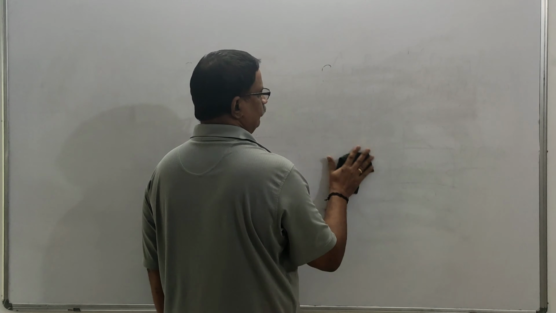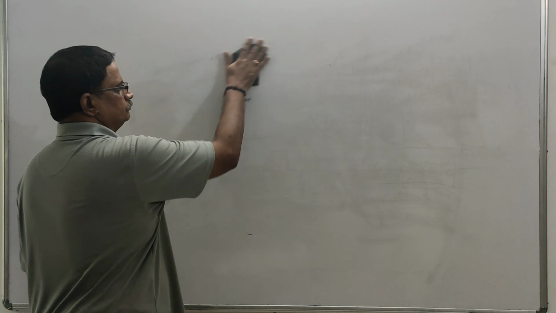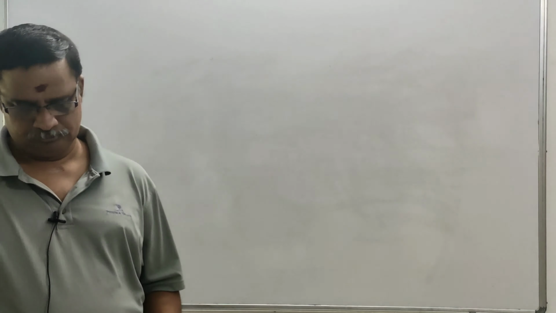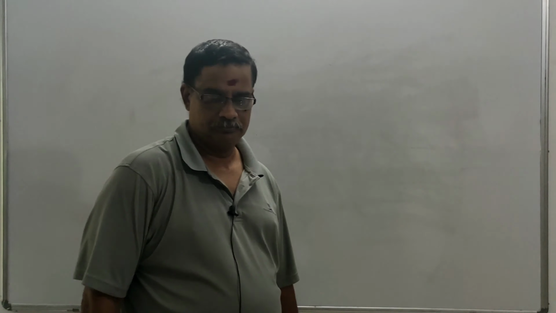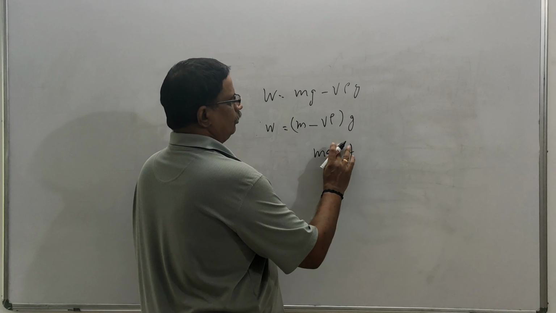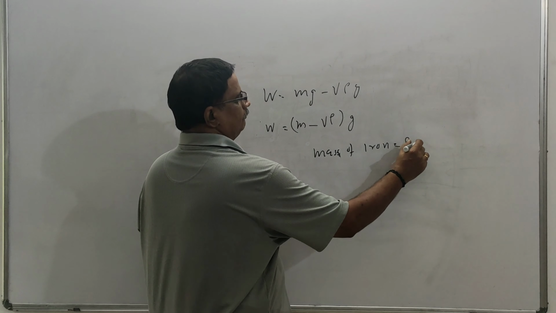Same problem. Both are in water. What will be your answer? Mass of iron is 8. These are all very confusing problems. Mass of iron is equal to 8 gram.